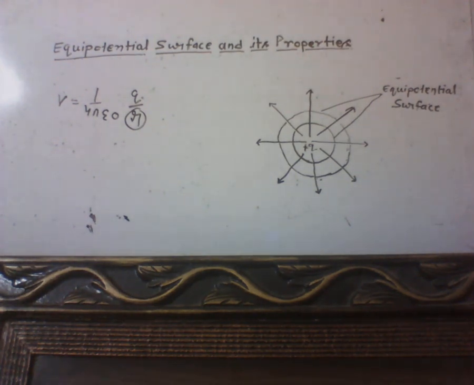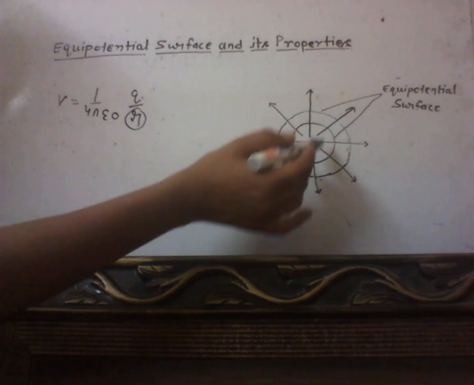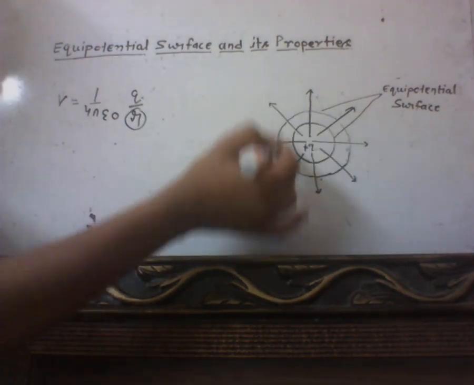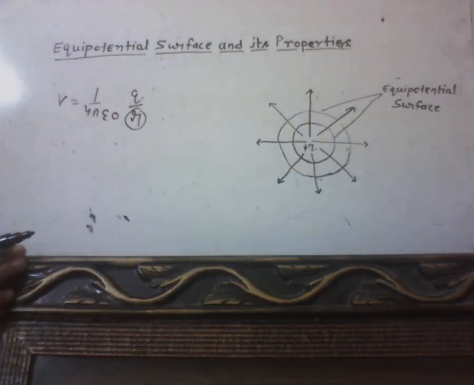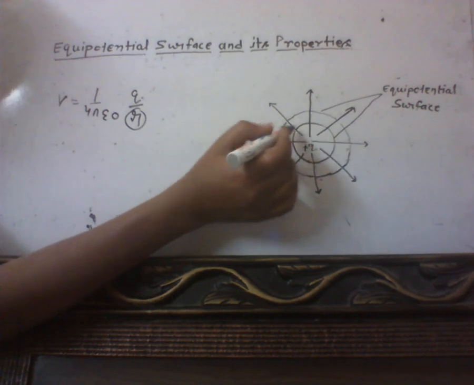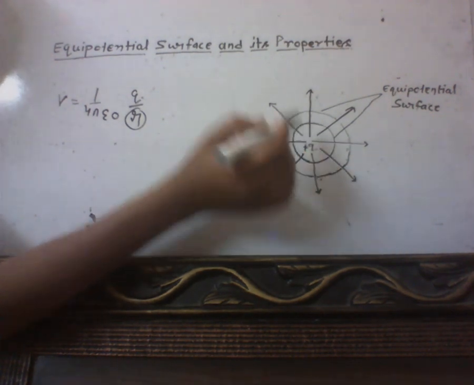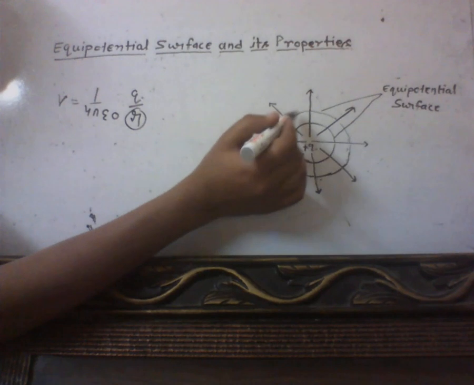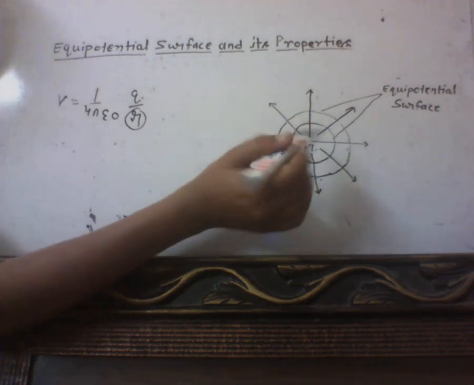And these are the equipotential surfaces, meaning at any point on this surface the potential will be the same. Similarly for this, the potential at any point of the surface will also be the same.